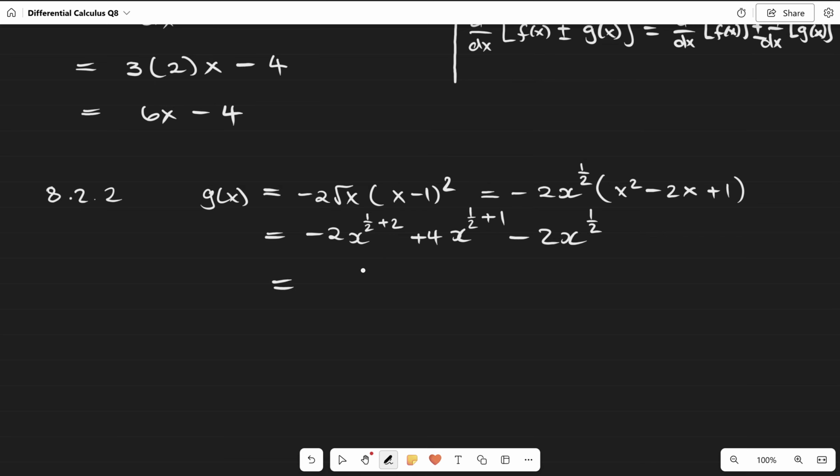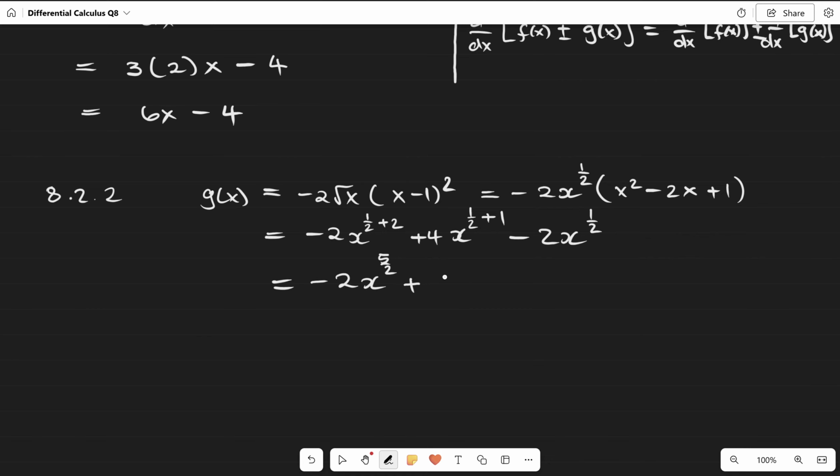So all of this is equal to negative 2 x to the power of 2 plus a half, which is 2.5, which is 5 over 2, right?